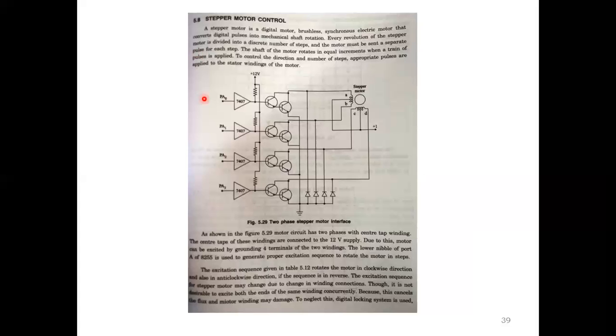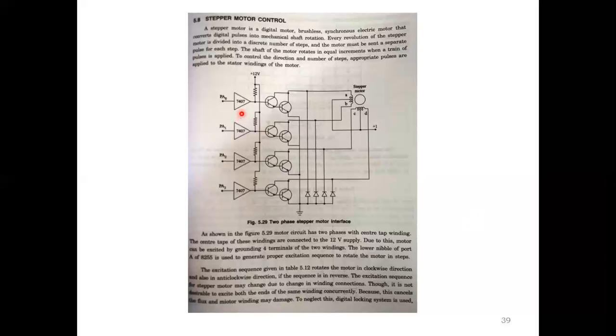This is the input from the processor. Here the processor is the 8085, which has no input output ports, so we connect the 8255 with the 8085 to generate the input output ports. Here we use port A of the 8255 for giving the input to the stepper motor.